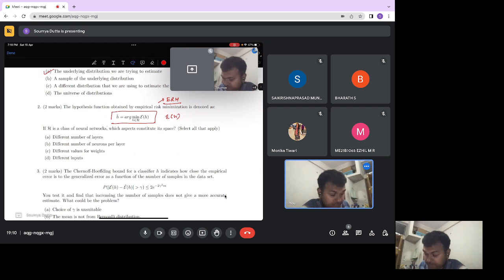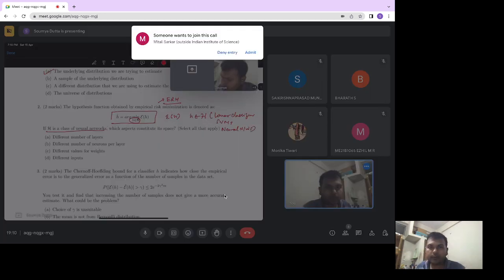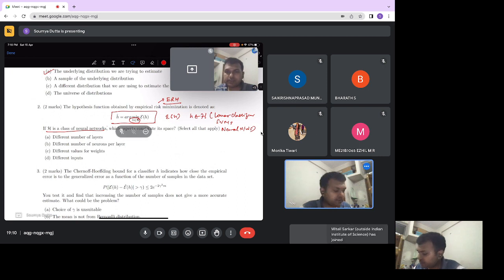Let's say H is a class of hypotheses. This can be a linear classifier, it can be SVMs, it can even be neural networks.